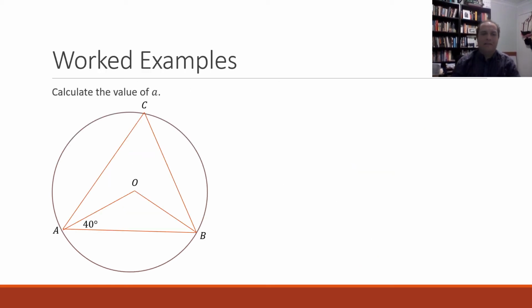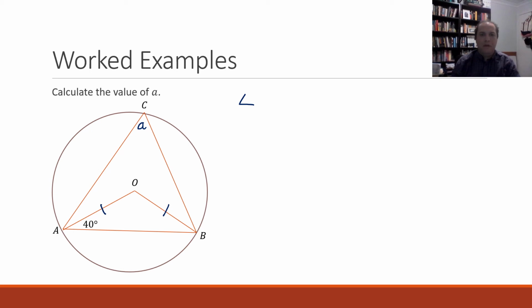Alright, now finally let's do one last example where we have to calculate the value of A. So A is going to be this angle up here, angle ACB. What we know is that AO and BO are the same length because they're both radii of a circle. If O is the center, AO and BO are both radii, both the same size. So what that means is we've got an isosceles triangle.